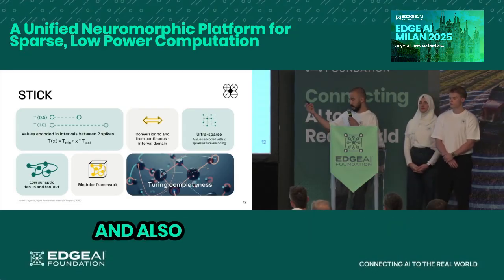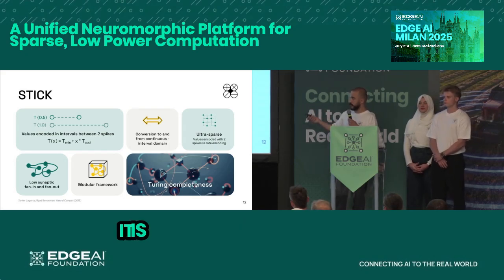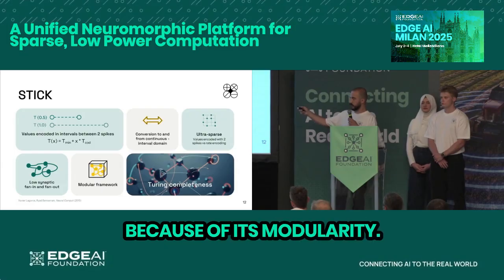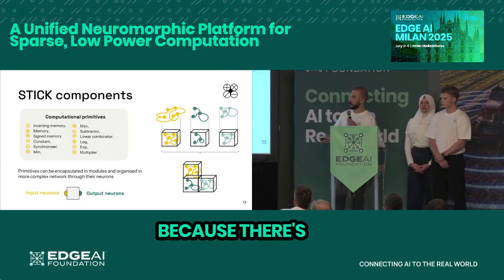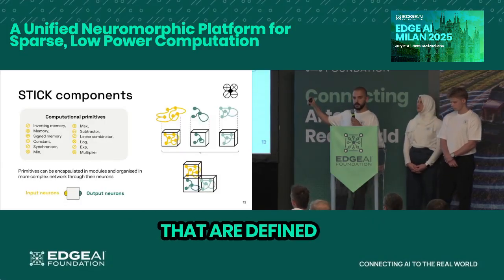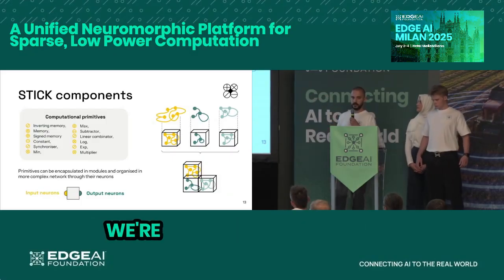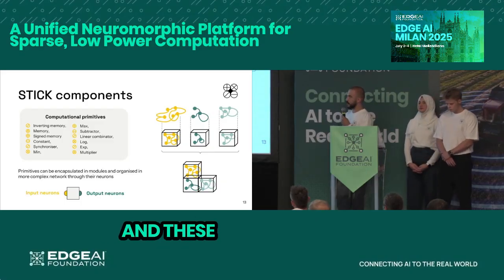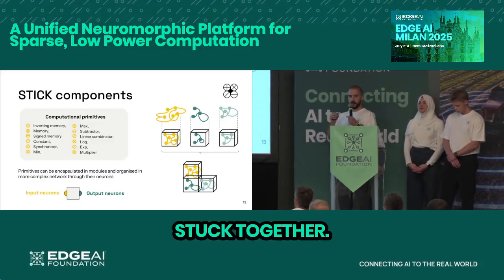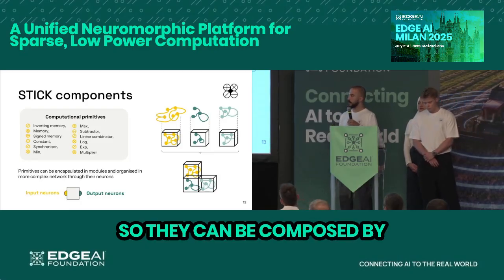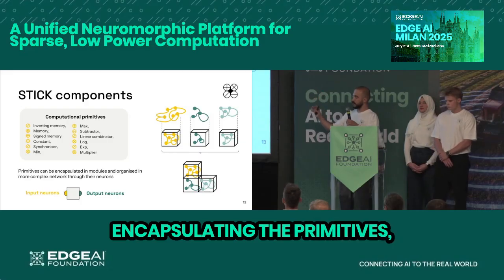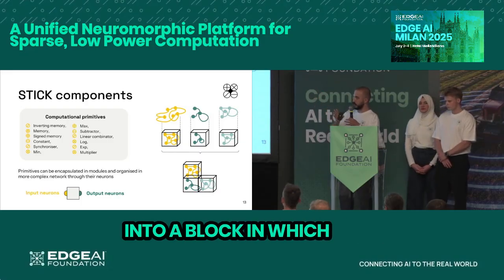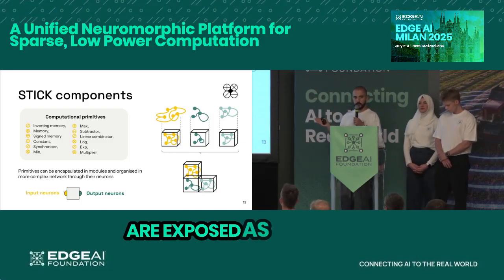Another great point is its Turing completeness because of its modularity. There are a few computational primitives that are defined as very small networks, roughly between 5 and 10 neurons each. These networks can be stacked together, composed by encapsulating the primitives into a block in which only the input and output neurons are exposed as interfaces.